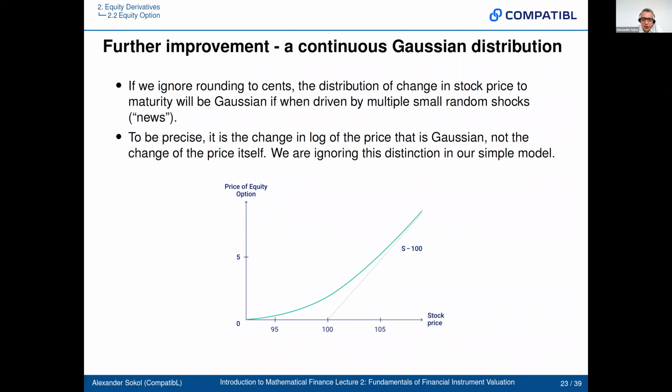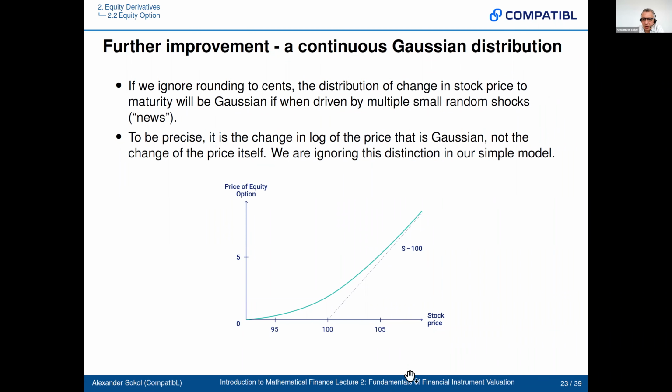We cannot go into lognormal models and why it's the log and not the price itself that is Gaussian, but it's not a huge difference. So in reality it is the log that is Gaussian, but in our simple model, we assume that the price itself is Gaussian. When the change is not very large, they're almost the same because the log is locally close to linear. So we'll ignore this distinction.